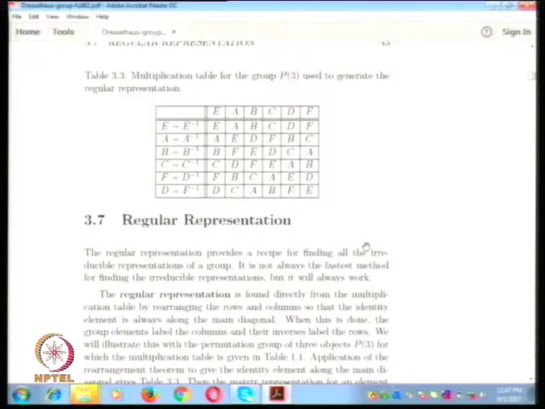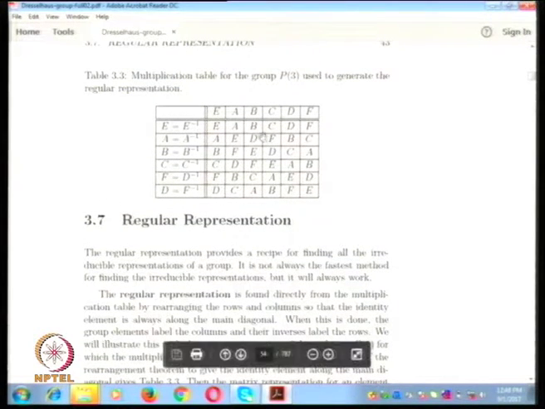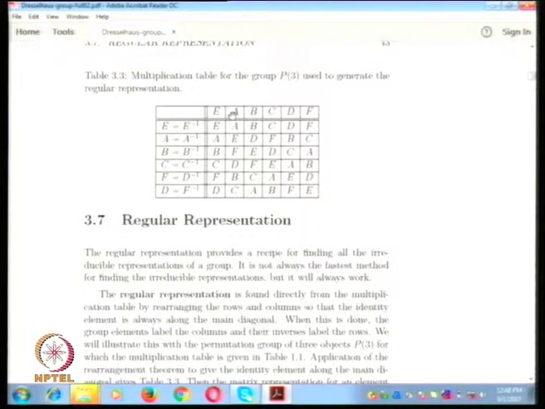So this is table 3.3. This is just the equilateral triangle, its rotations and its flips, and E is the identity. A and B are the 120 and 240 degree rotations, and C, D, F are the flipped rotations.